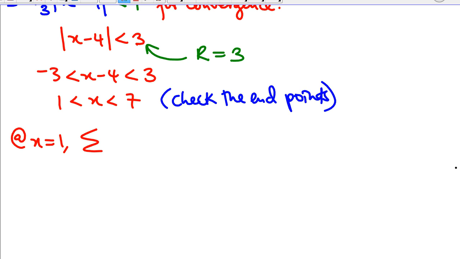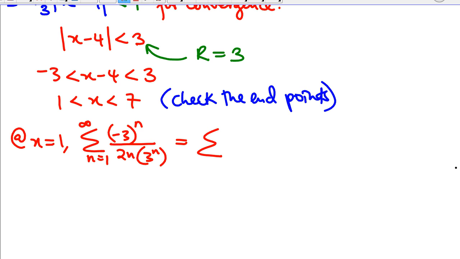So at x equals 1, our series will be, now if you simplify this, this can be written as negative 1 to the power n multiplied by 3 to the power n over 2n times 3 to the power n.